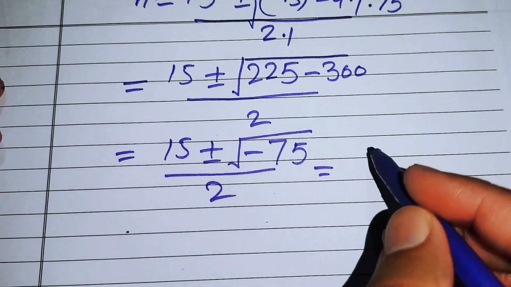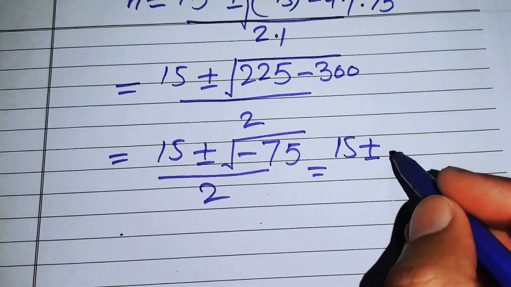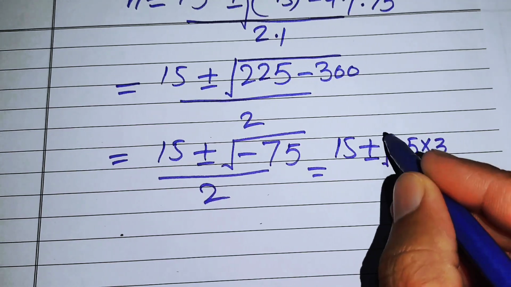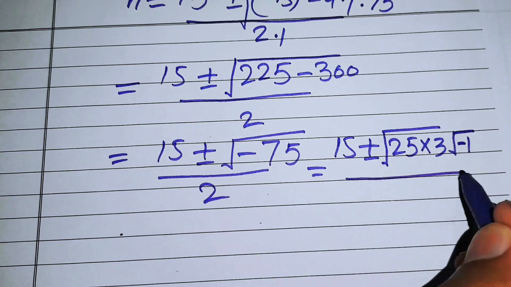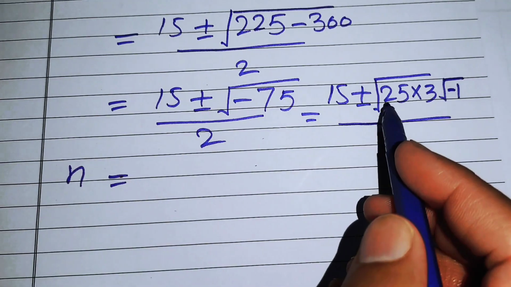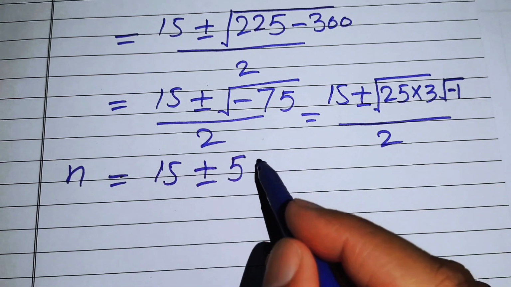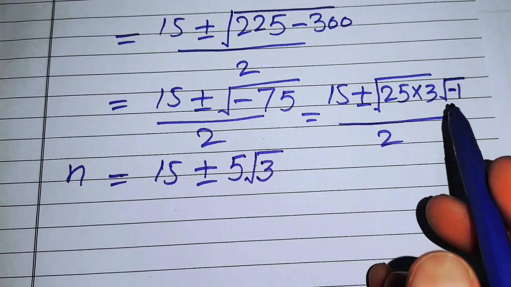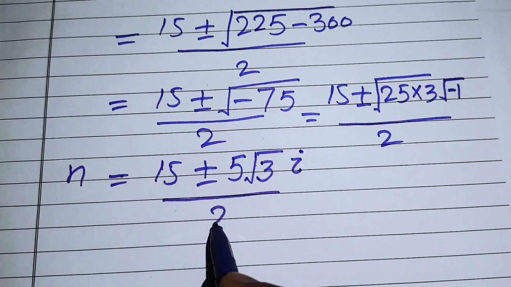So here we rewrite this equation as 15 plus minus, we write this 75 as 25 times 3 and its whole square root, and we will write the square root of minus 1, and this whole over 2. So now here you obtain n equals to 15 plus minus square root of 25 equals to 5, into 5 times square root of 3, and you know that the square root of minus 1 equals to iota, and this whole over 2.